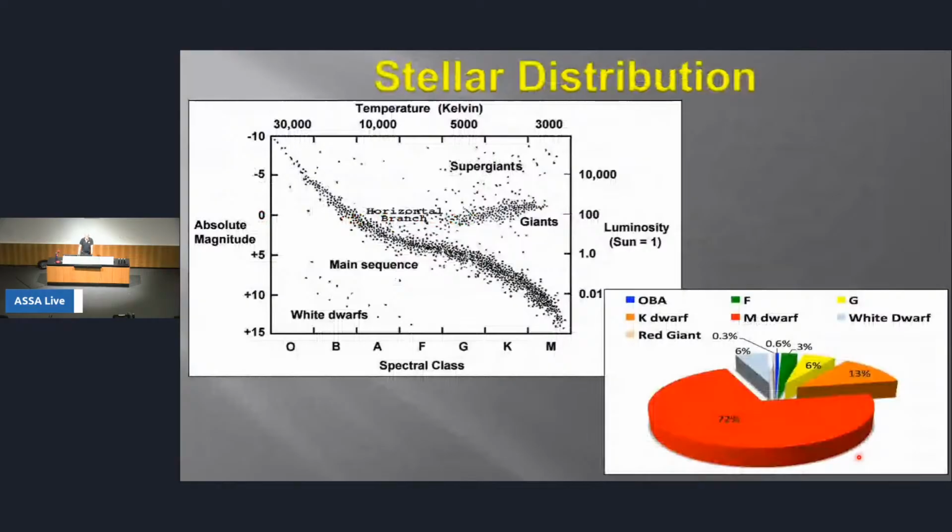All right, stellar distribution. I sort of mentioned this before, that the O-class stars are quite rare, whereas the M-class or main sequence stars are very common. If you have a look at this pie chart here, you can see that 72% of all stars are red dwarfs.